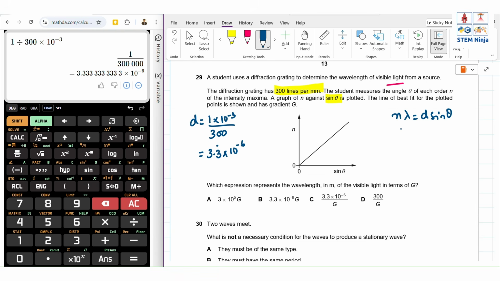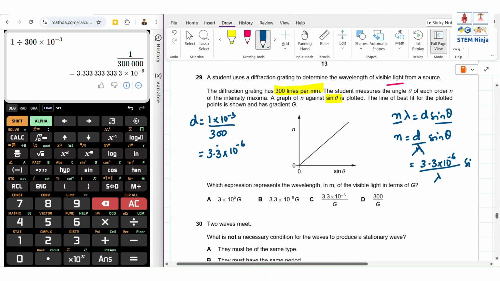So this is the x-axis and this is the y-axis. So n equals d over lambda, sine theta, my bad. So d is 3.3 times 10 raised to power minus 6, and lambda, they haven't given us lambda.